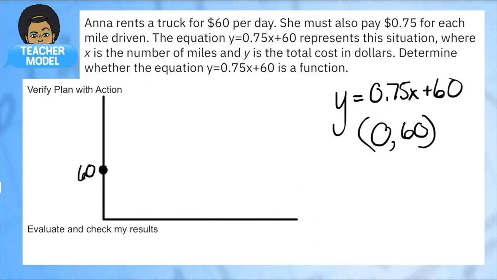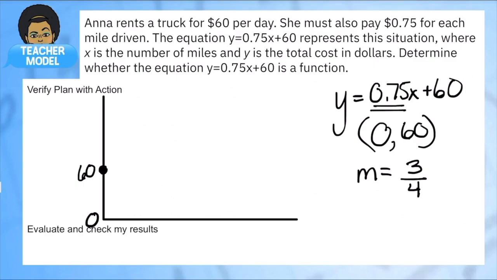So if this is 60, here's 0. And I also know that my slope, my m, let's use proper terminology, m is equal to 3/4. So mx, I can just see it right here, 0.75.